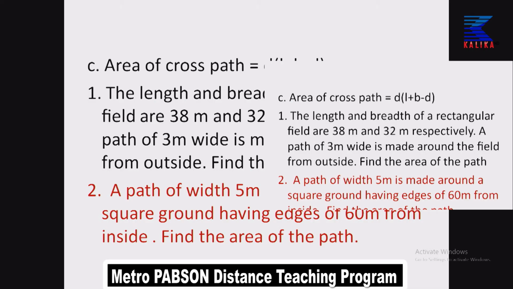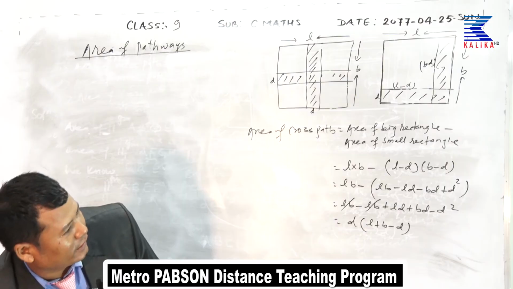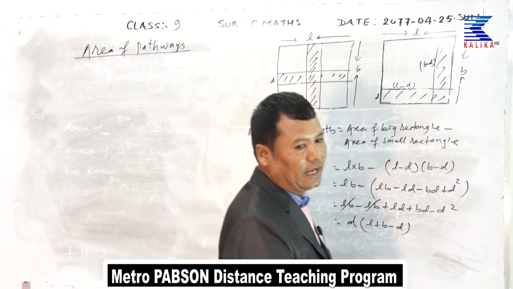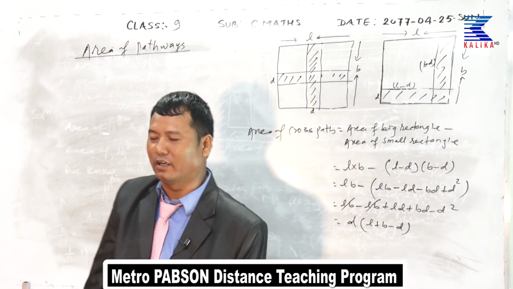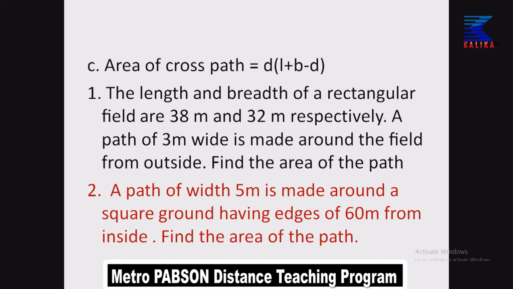Question number 1. The length and breadth of the rectangular field are 38 meter and 32 meter respectively.